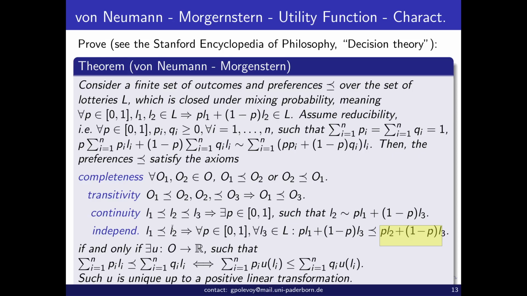Because L1 is at most as good as L2, it doesn't matter what you add. If you start with that, you add and with that. Okay, so those are natural assumptions, and we assume those hold.